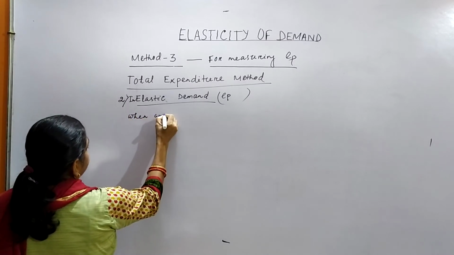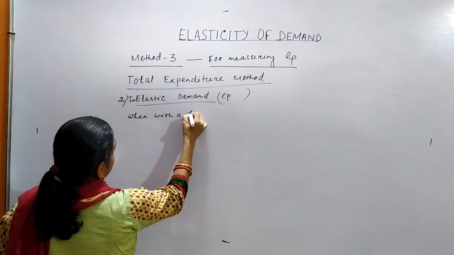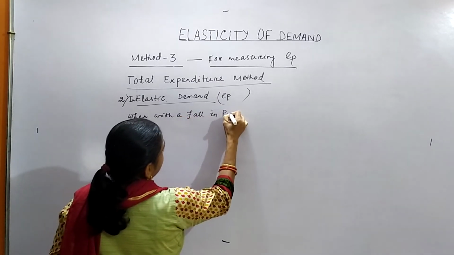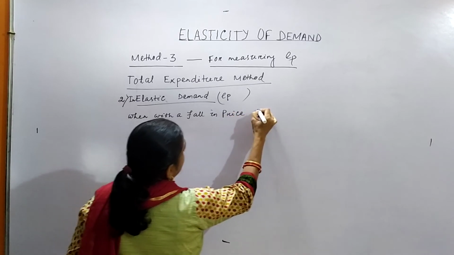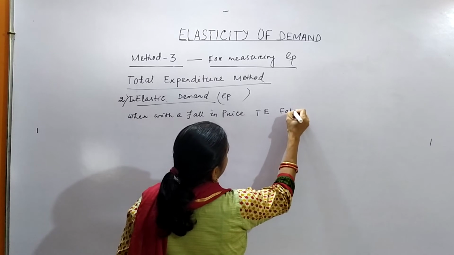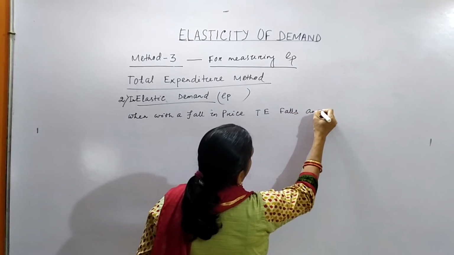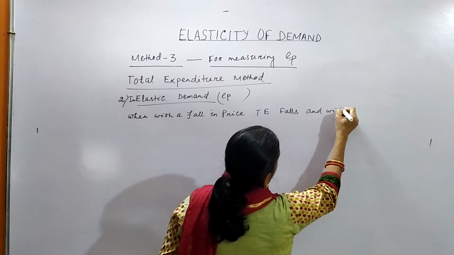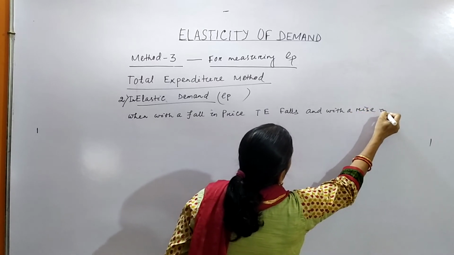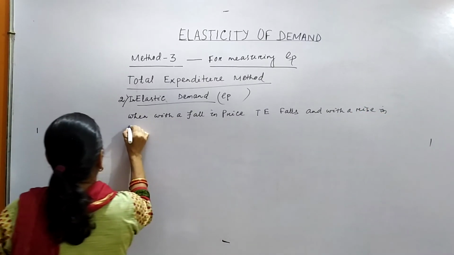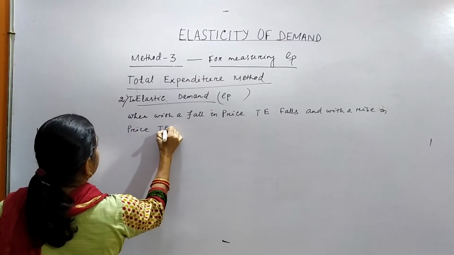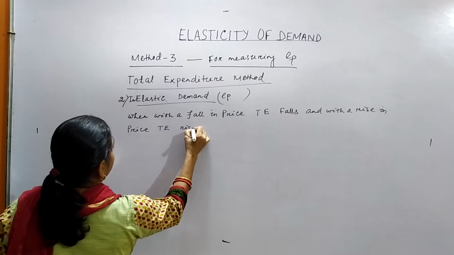When with a fall in price, total expenditure falls, and with a rise in price, total expenditure rises.